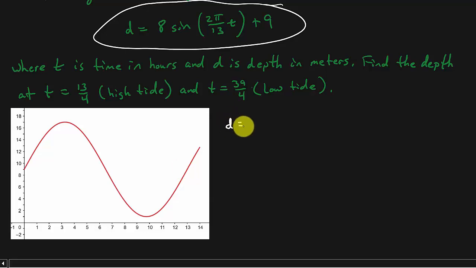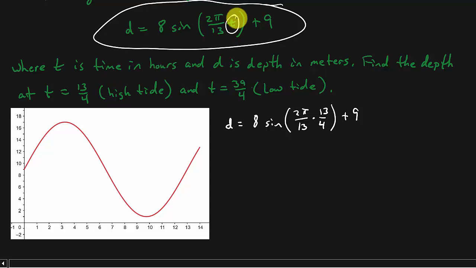So we get d equals 8 times the sine of 2 pi over 13 times, let's do the 13 over 4 first, so times 13 over 4, and then plus 9. All I did is put the 13 over 4 in the place of t.